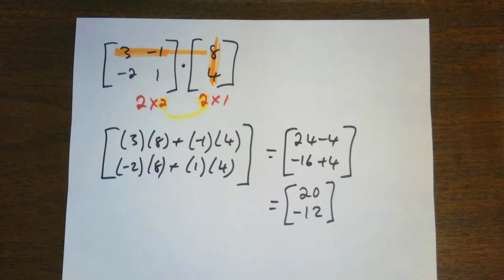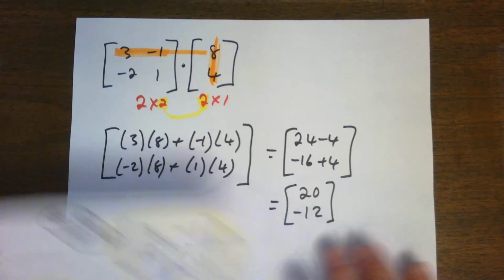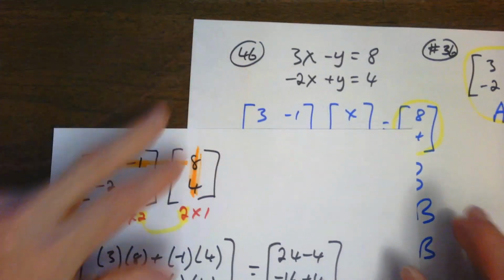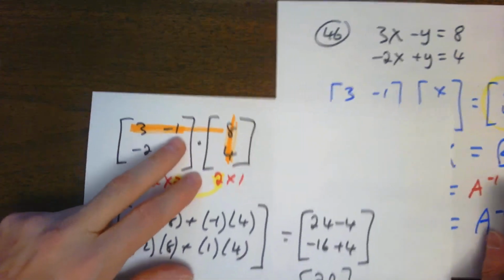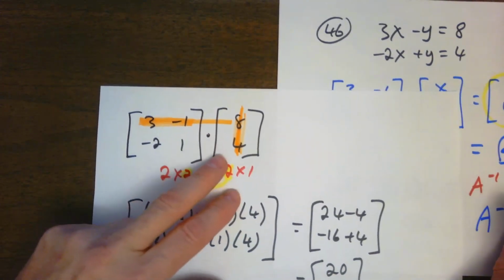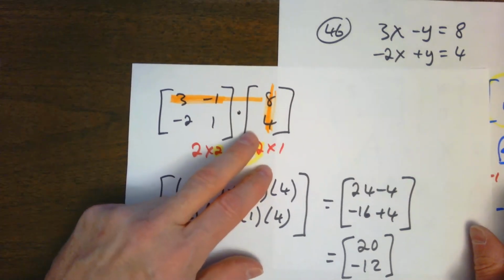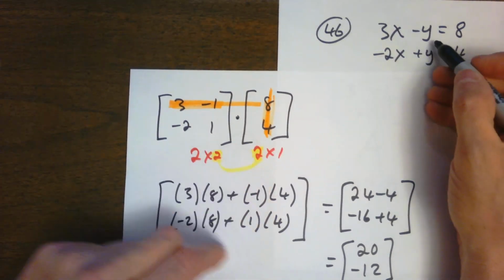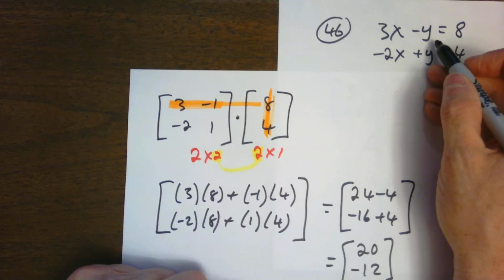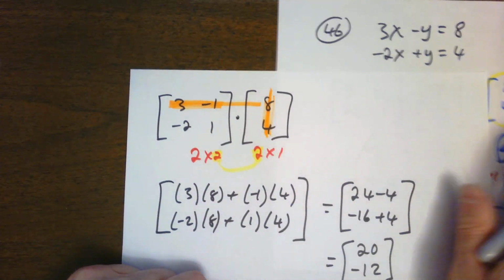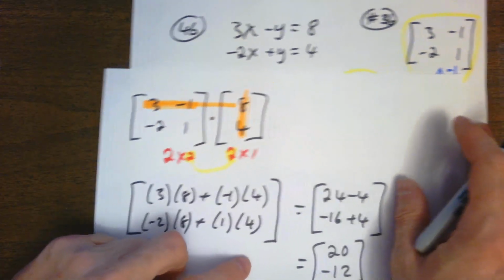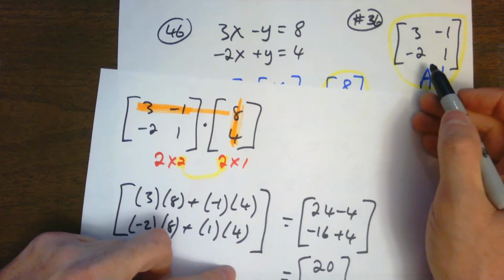Now, the original system of equations. Let me just pull that up again. Here it was, right? Here was the original system. Let me blank it out so you can only see the original system here. There we go. So we took the coefficient matrix times the inverse matrix.